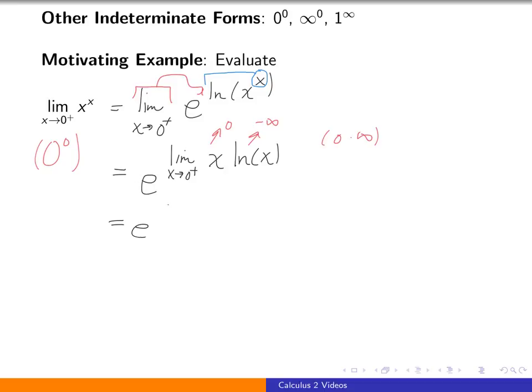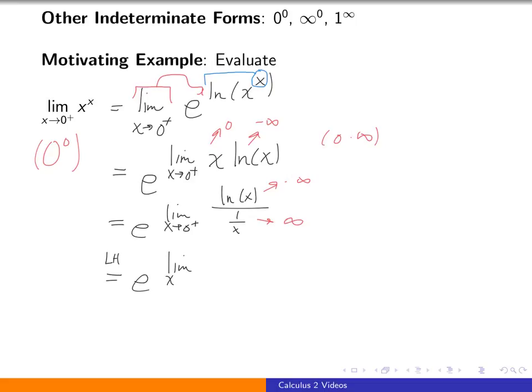So this is e to the limit as x approaches 0 from the right of the natural log x divided by 1 over x. As x goes to 0 from the right, ln goes to minus infinity, 1 over x goes to infinity. And we now have the desired indeterminate form, and we can apply L'Hopital's rule.